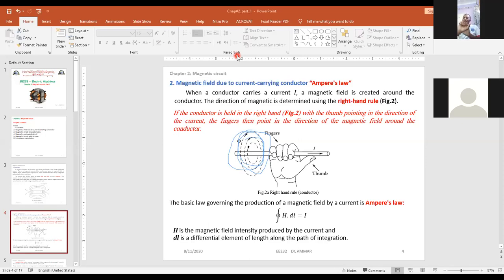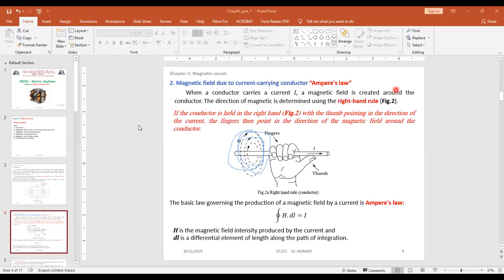So always, in case of a current carrying conductor, we imagine that we are holding this conductor with our hand. The thumb indicates the direction of the current, and the fingers are turning, so the magnetic field is turning around this conductor. My fingers point to the direction of the magnetic field. I hope that is clear.